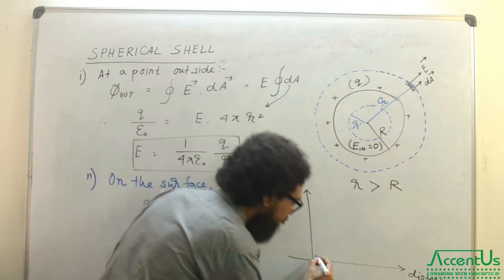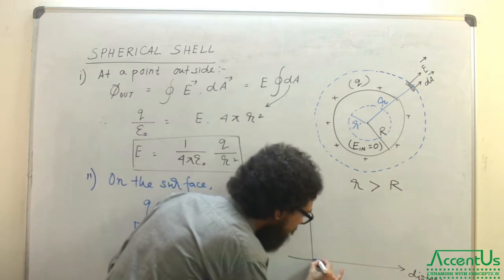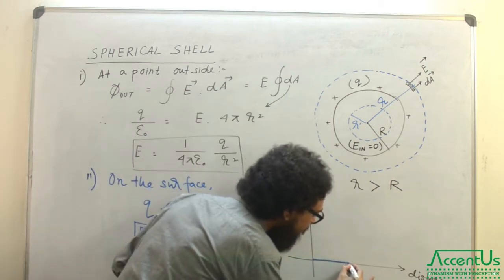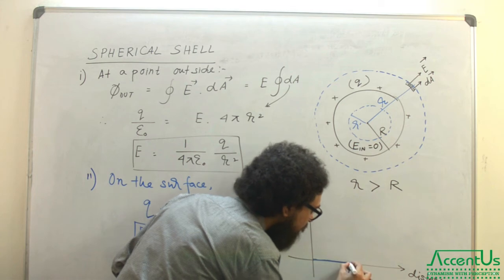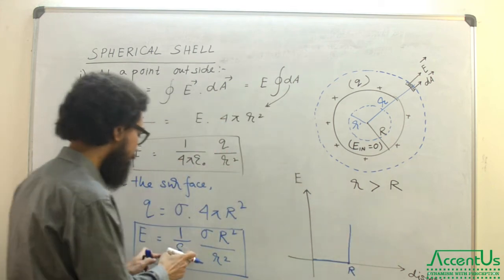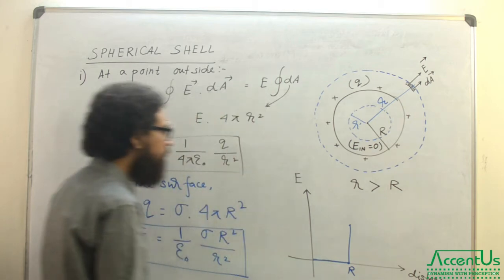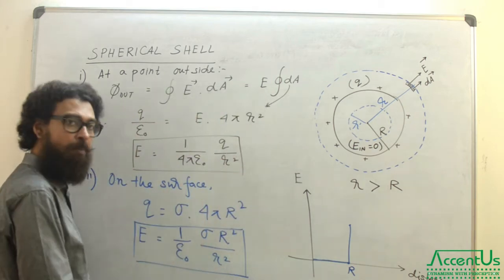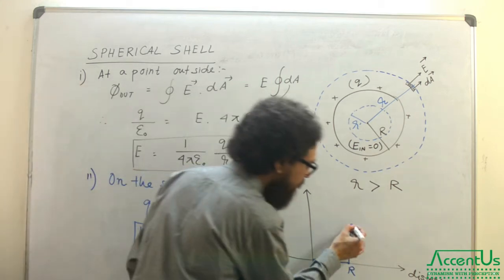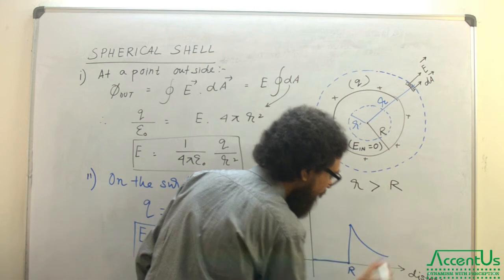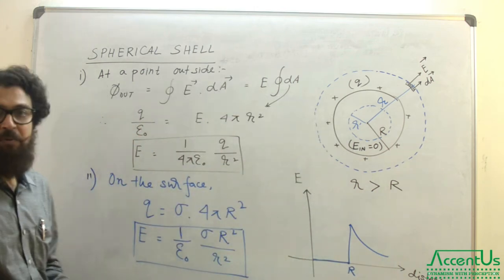This graph is very important. Inside it is 0. Let's say this is capital R. So we are having a spike because we have this expression. Then E is inversely proportional to R square, so it will look like this. This will be the graph.